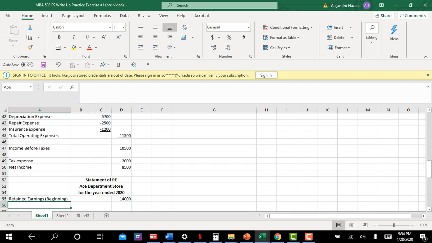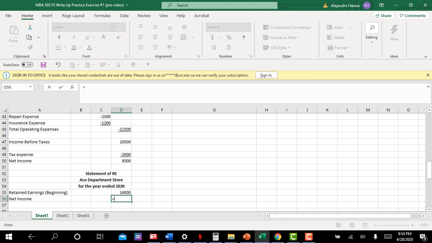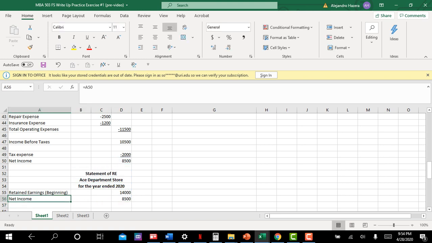Okay, to that, I'm going to add my net income. This is part of financial statement articulation. First of all, your beginning retained earnings come from last year's ending balance sheet. One year's ending balances are the next year's beginning balances, and your net income for the year comes from your income statement.